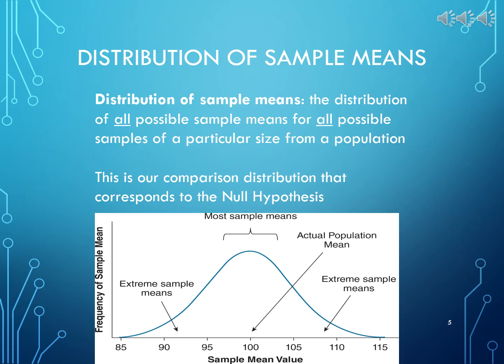Now, once I establish this distribution, what I'm then going to do is go find a group of people that is wearing glasses, and I'm going to get the mean intelligence, the average smartness of that group, and I'm going to compare it.